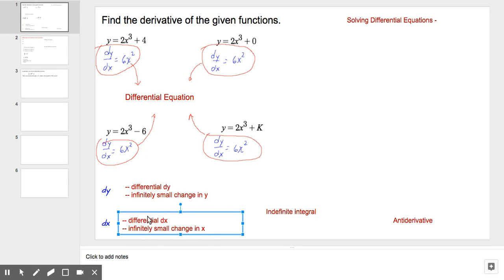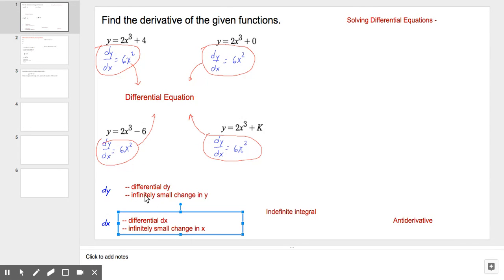So we can use this idea when we're comparing the changes that occur in one variable and how does it affect the other variable. So here we have x and y related to each other by this equation. So we know that x affects y.